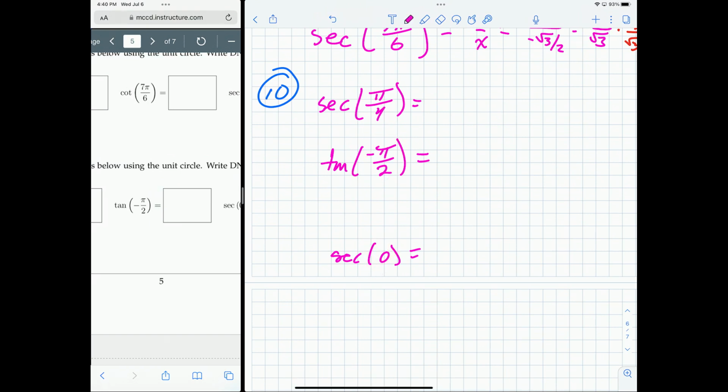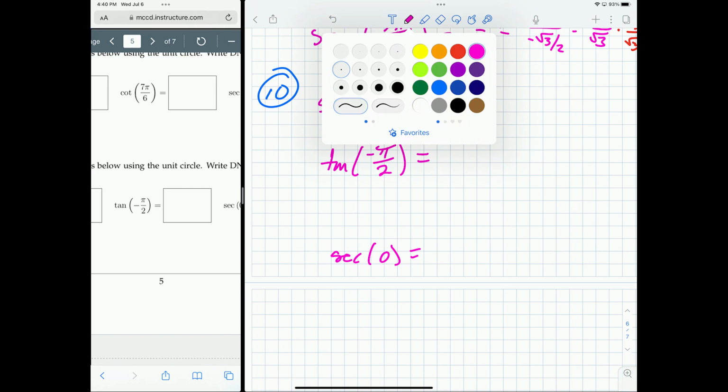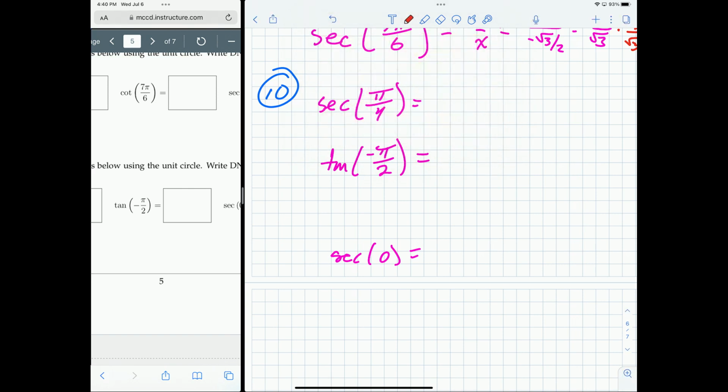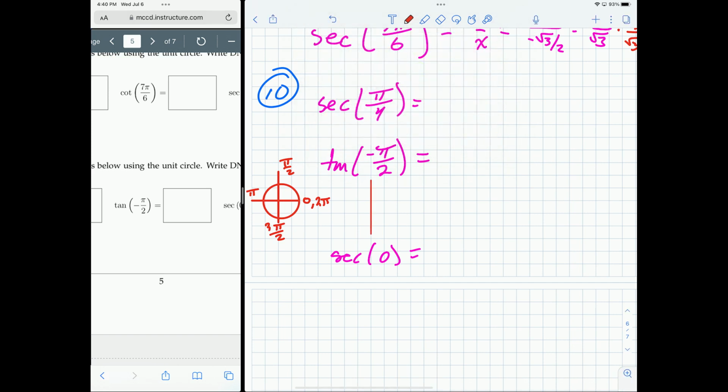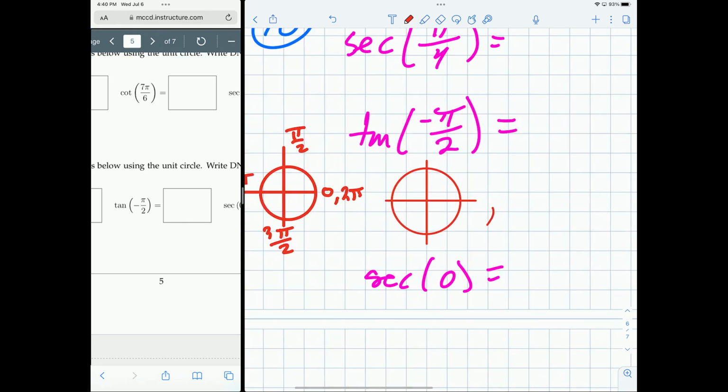Negative pi over 2, you might have to think about a little bit, right? So you have to think about the negative direction and the positive direction. Like on the unit circle here, this is 0, pi over 2, pi, 3 pi over 2, and if you keep going, back to 2 pi. We know that that's how the unit circle works. However, if you go the opposite direction, we could go this way.